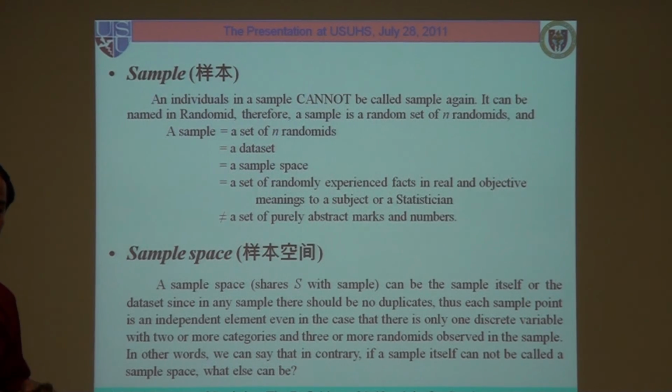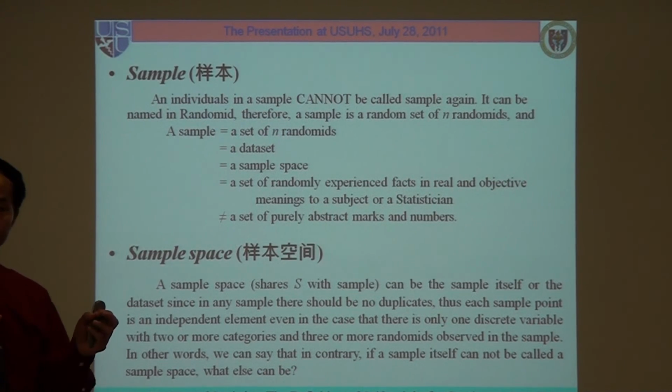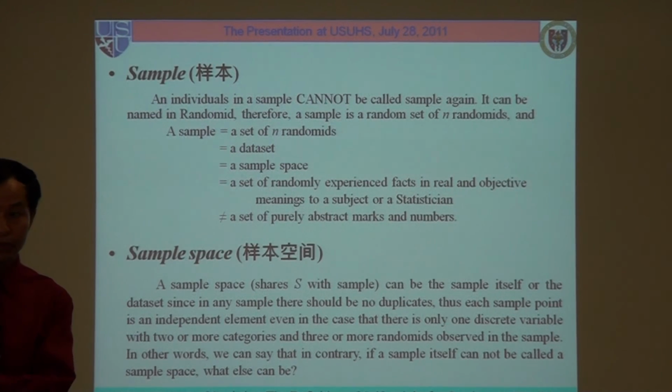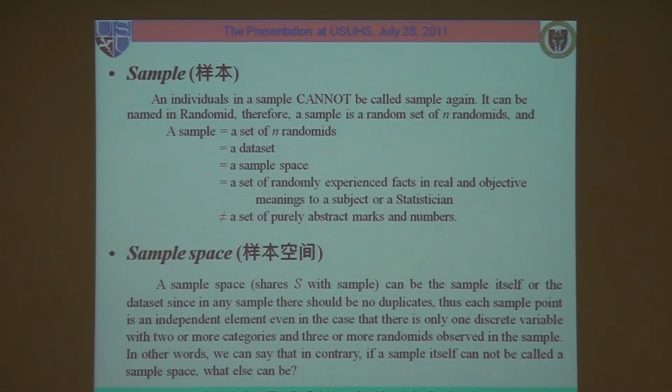A set of n individuals in a statistical survey will constitute a sample. So an individual in a sample cannot be called a sample again. Otherwise, it will cause confusion. I often heard someone tell me, I have a sample. I don't know what exactly he meant, a set of individuals, or an individual in a set.